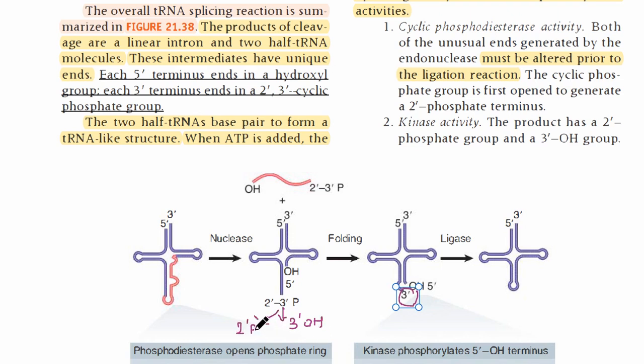This 2' phosphate group is then removed, and the 5' OH will be converted to a 5' phosphate group. This 5' phosphate and the 3' OH group will be ligated together, and the 2' phosphate group will be removed, as a result of which the cloverleaf tRNA will be formed.